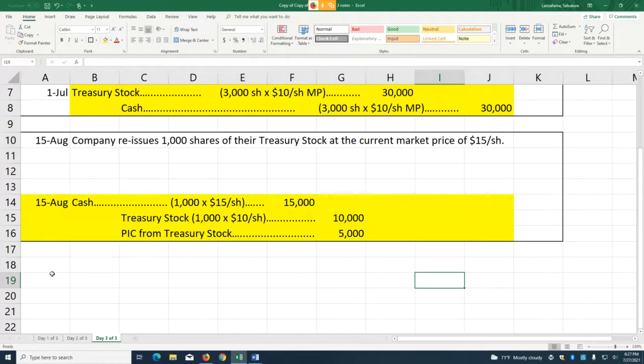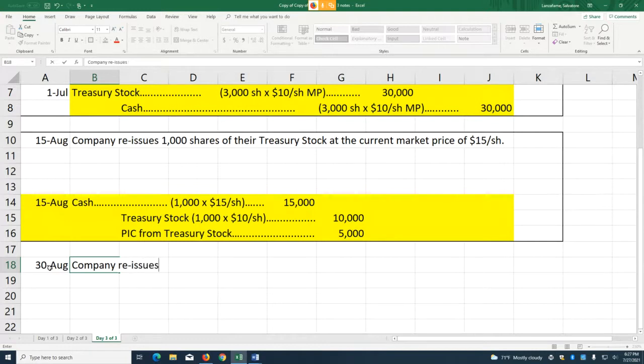So now let's say it's August 30th. The company reissues the remaining 2,000 shares of their treasury stock. I'll just write T stock just to simplify here.